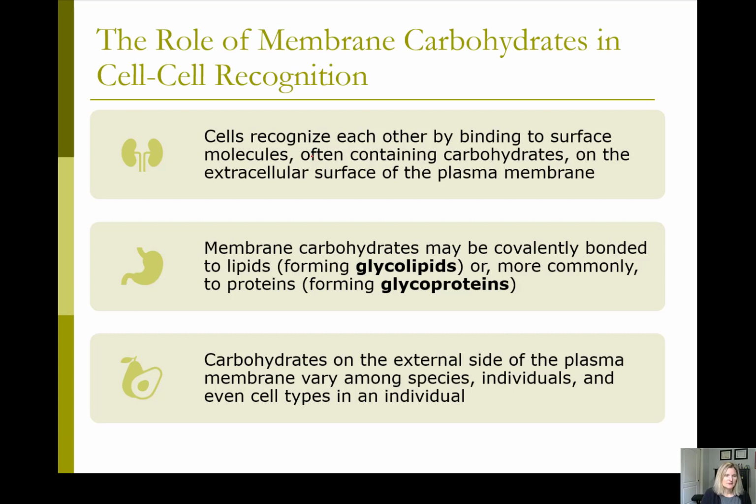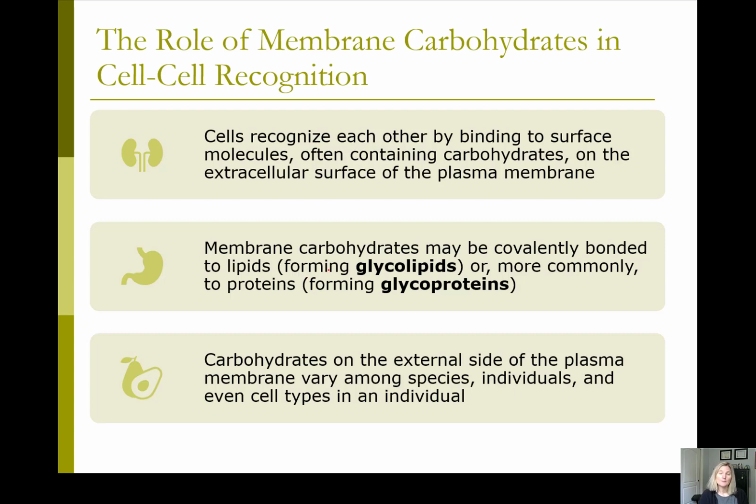All right, so just some information about how we bring in carbohydrates, because we've been talking about the phospholipid bilayer and the proteins, but we can also have carbohydrates involved with that fluid mosaic model. Sometimes those carbohydrates are bound to the surface of the plasma membrane, and they're going to be serving as receptor sites for cells to recognize and bind to each other.